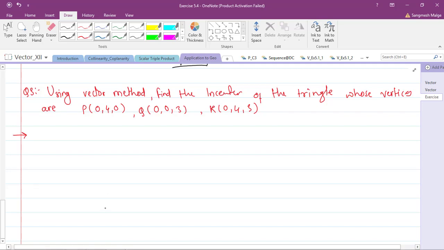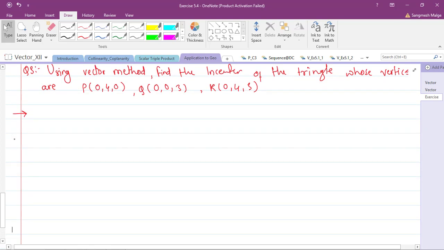And you know that if you have seen the last video where we have discussed the applications of vectors to the geometry, there we have discussed the incenter of a triangle. So what is incenter? Incenter is nothing but the intersection of angle bisectors.